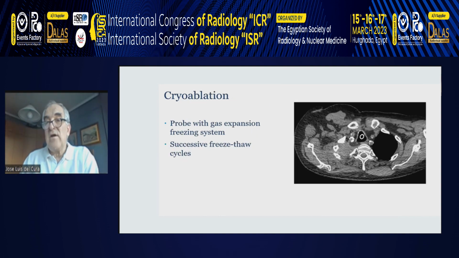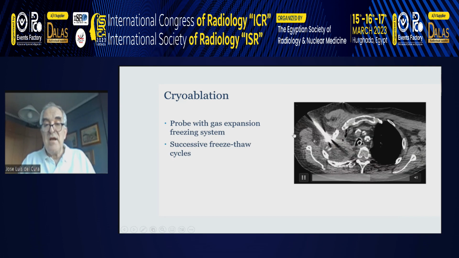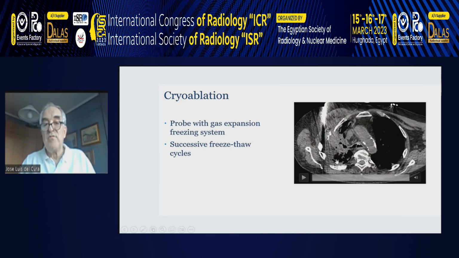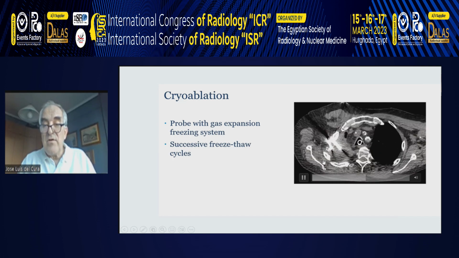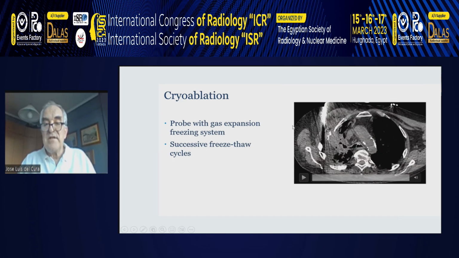Well, there are just a few comments about other techniques that can be used. The first one is cryoablation, that uses a probe with a gas expansion freezing system to freeze the lesion. I use it in liver, but this is an example that we have used recently in the lung, where you can see the areas of hypodensity around because of the ice ball around the cryoprobes.